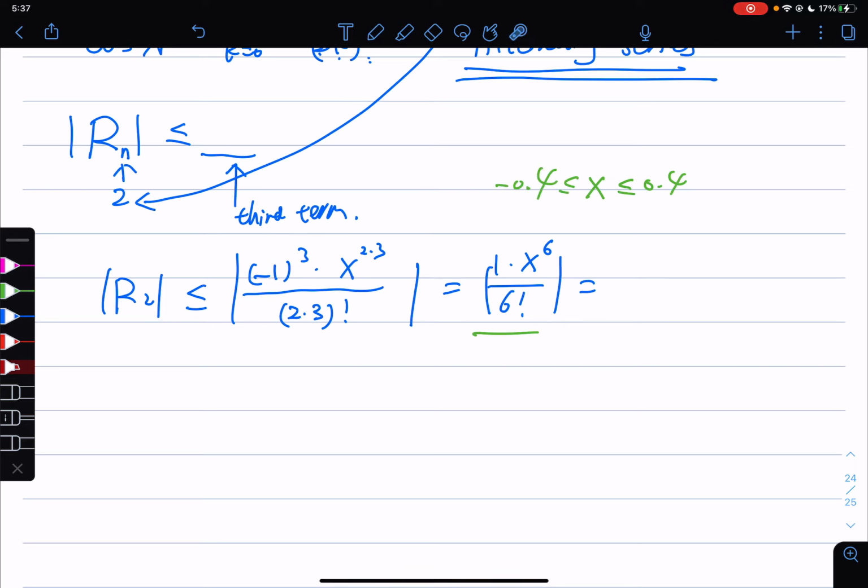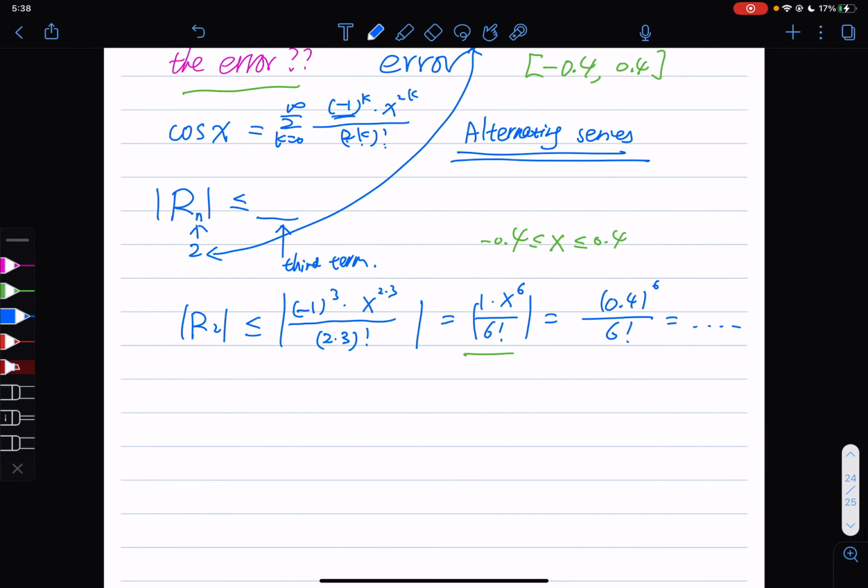I think it's relatively intuitive. The closer you are towards the boundary, the more extreme your value would be. So it's going to be 0.4 to the power of 6 divided by 6 factorial. You can keep as many decimal places as needed, and then you can find your calculation relatively easily.